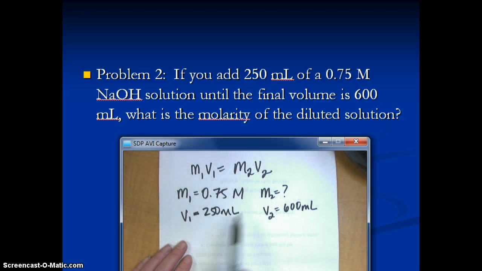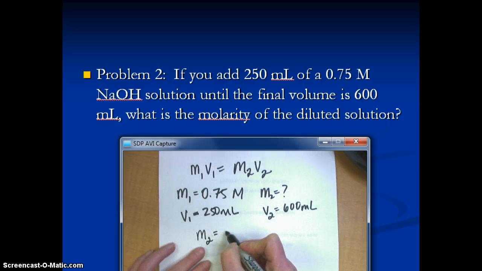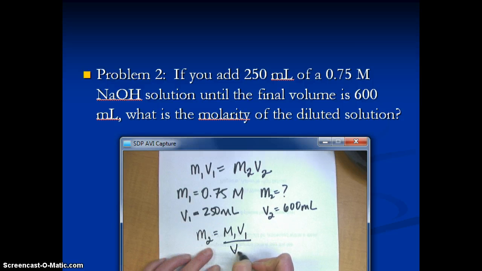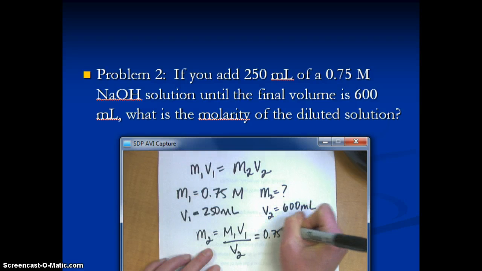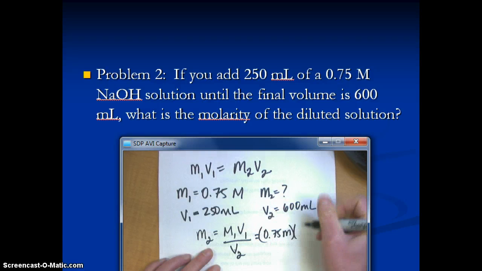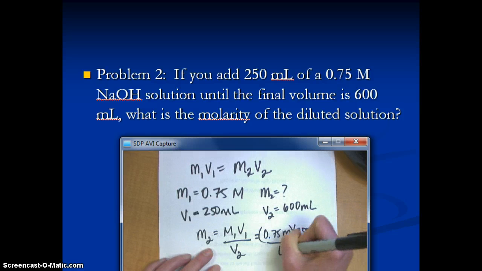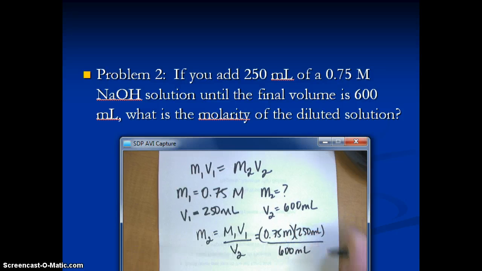So again, we're going to just plug in, rearrange to solve for M2 in this case, and so we're going to divide both sides by V2. So M2 equals M1 times V1 divided by V2, so that equals 0.75 molar times 250 milliliters divided by 600 milliliters.